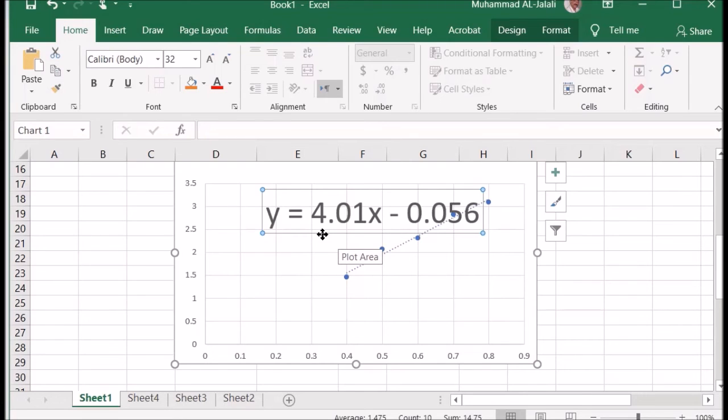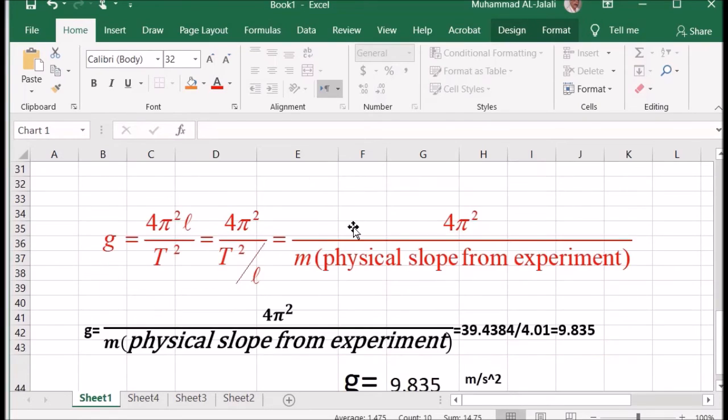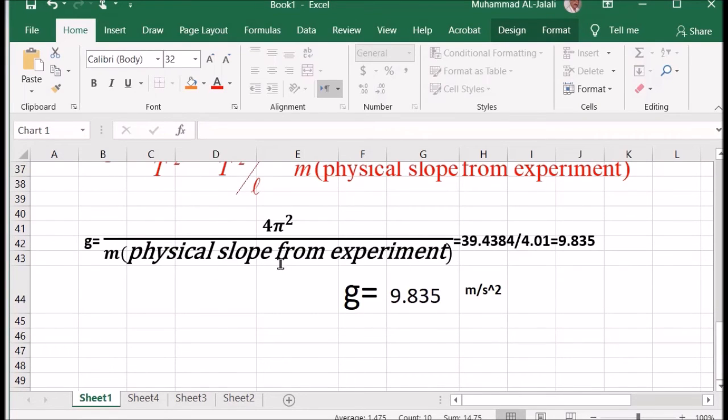We will take this number and put it at its place to get the gravity.